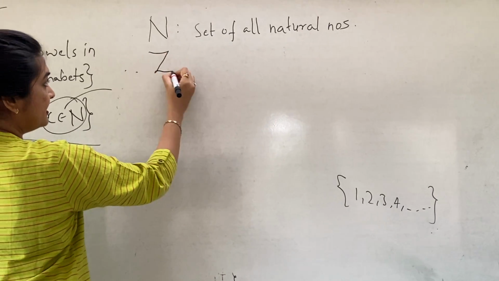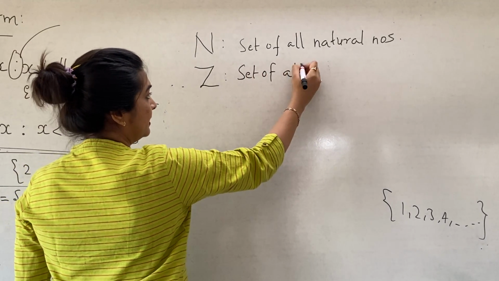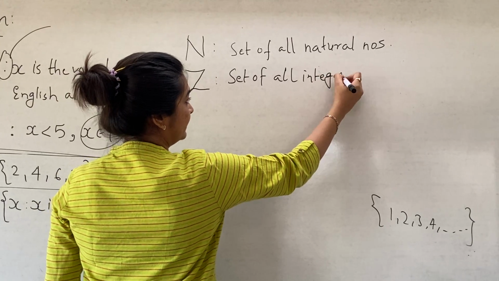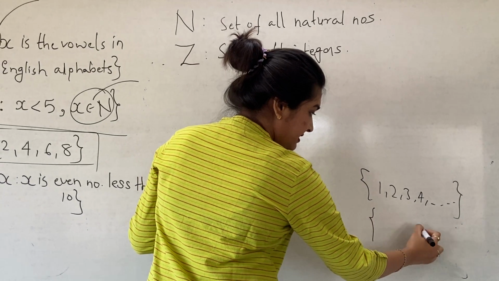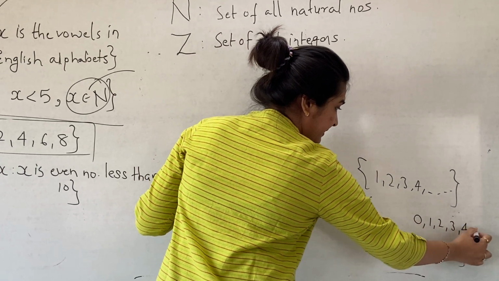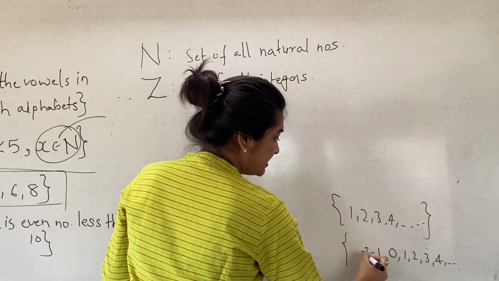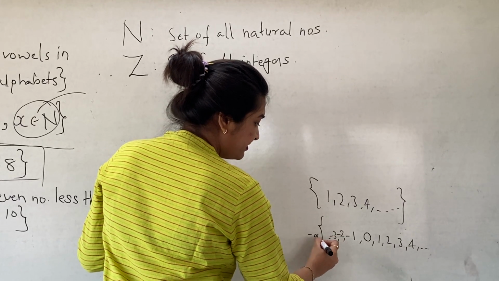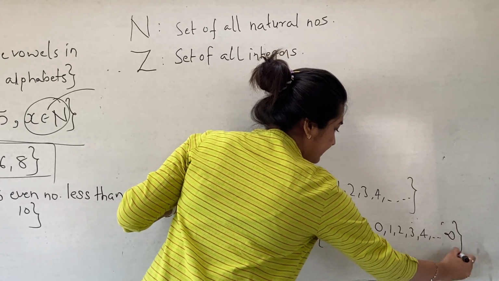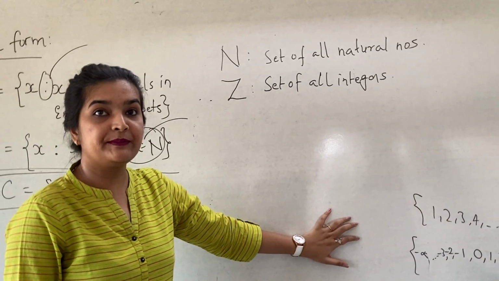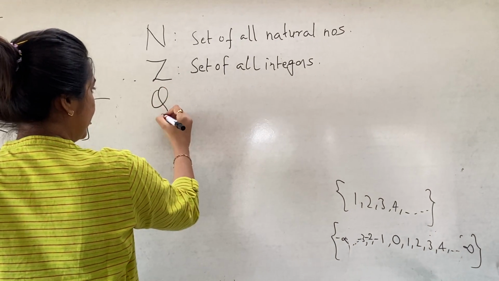Next is Z. So Z is nothing but the set of all integers. What do you mean by an integer? Nothing but 0, 1, 2, 3, 4, positive as well as negative numbers including 0. -1, -2, -3, this will go to minus infinity and this will go to infinity. So Z is the set of all integers.